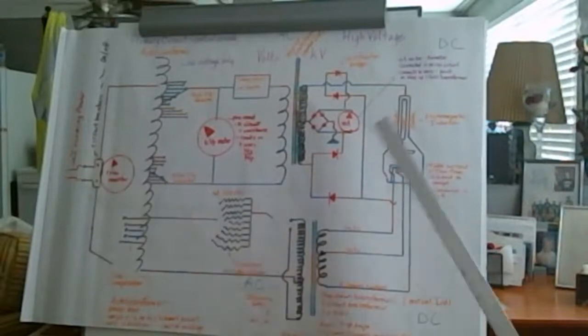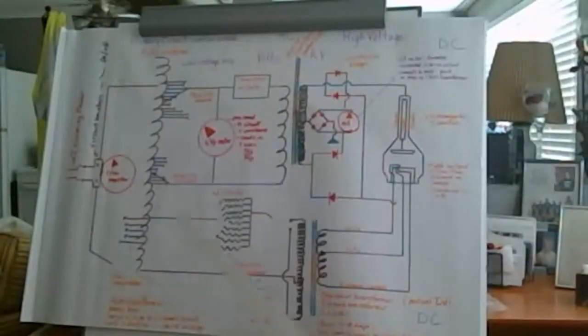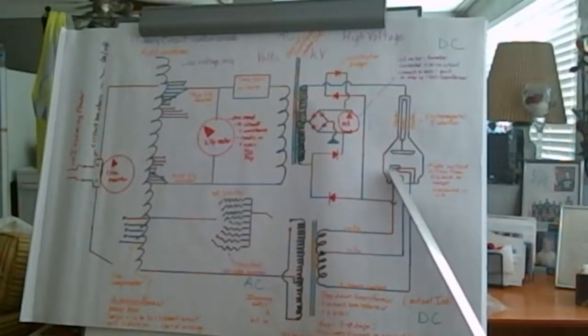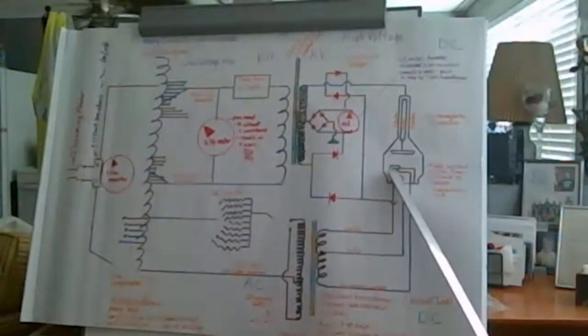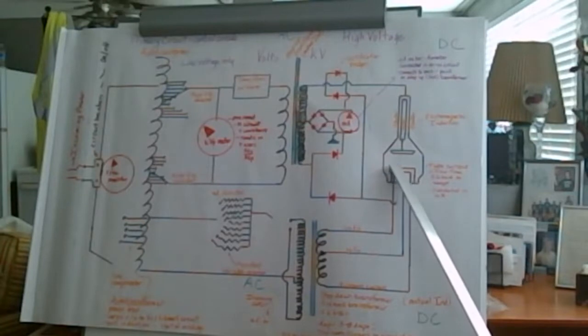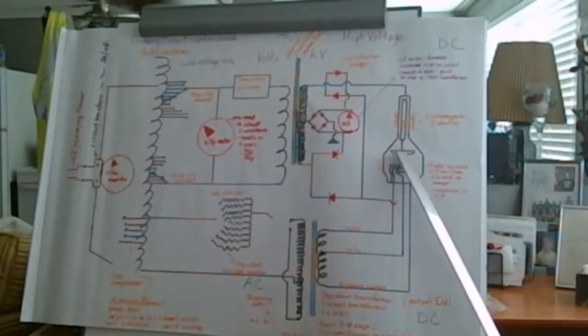And like I said, this is just an overview to start with, and we'll get into more detail once we do this. So again, primary and filament, I have to have the filament heated up high enough to be able to provide thermionic emission, to provide the electrons that will be projected across the X-ray tube to interact with the anode to result in X-rays being produced, right?